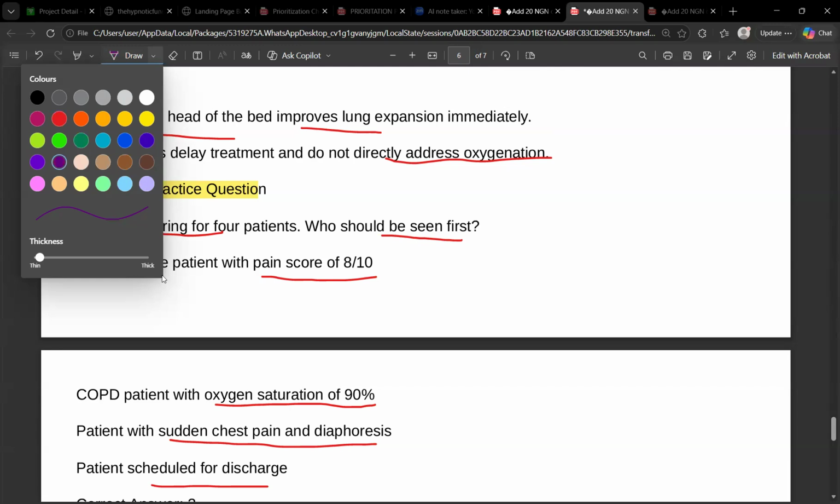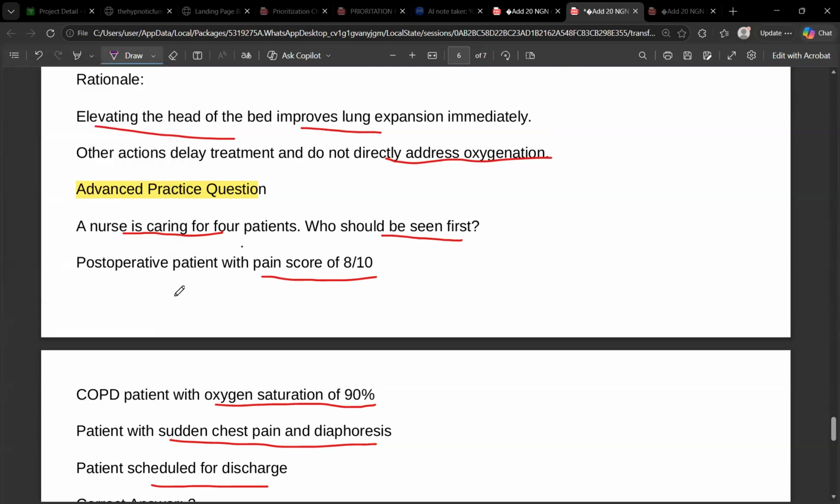Because a COPD patient with saturation of 90% is expected for a COPD patient, so you are eliminating this option. And the postoperative patient with the pain score of 8 out of 10 is also expected, because after surgery the client will have severe pain, so you are eliminating this option also.